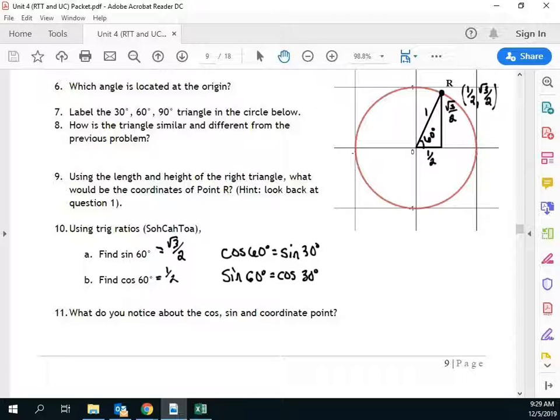Because basically, guys, you're just changing the point of view, which means the leg lengths are the same length. It just means that, hey, what was opposite is now adjacent. What was sine is now cosine. You see how that works? Just that it flips that way.